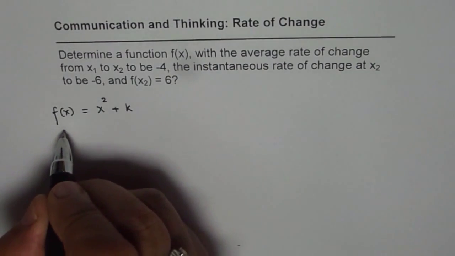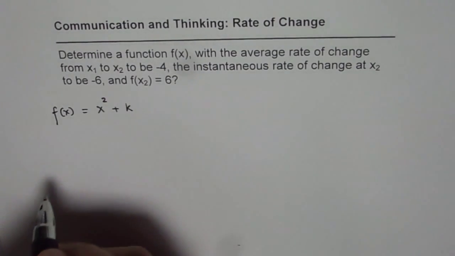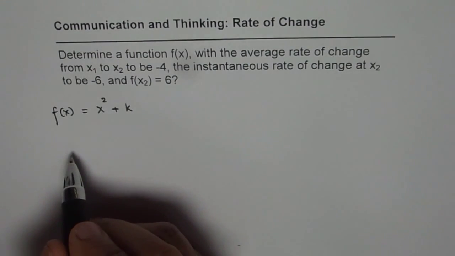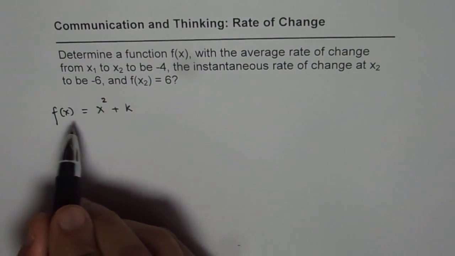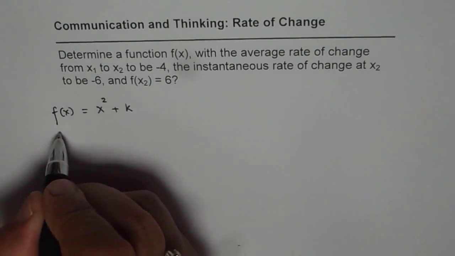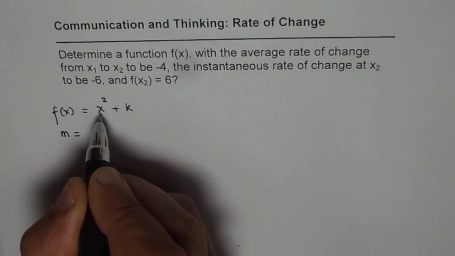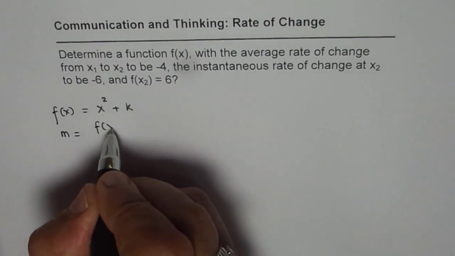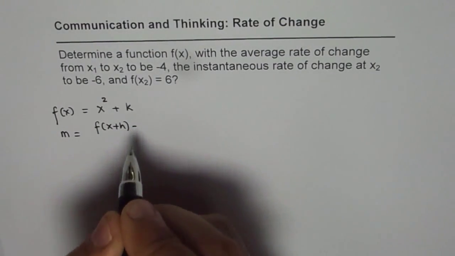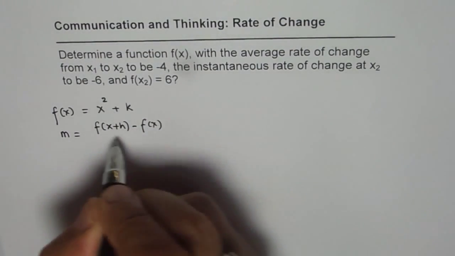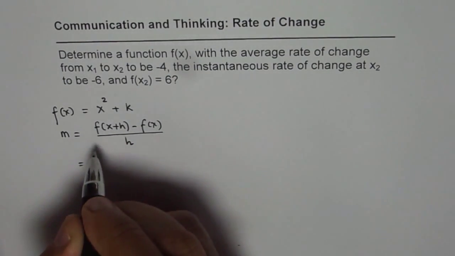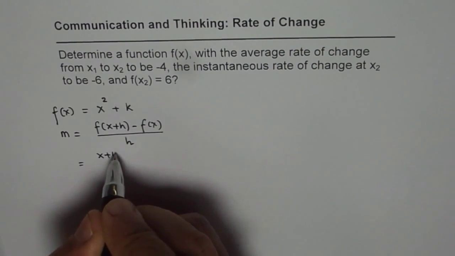That is to say, if I have to have a slope at any point, how much is it? We can actually use the difference quotient and figure it out, right? So using the difference quotient, we can find the slope at any point. We can use f of x plus h minus f of x over h, correct? Now that gives us x plus h whole square.